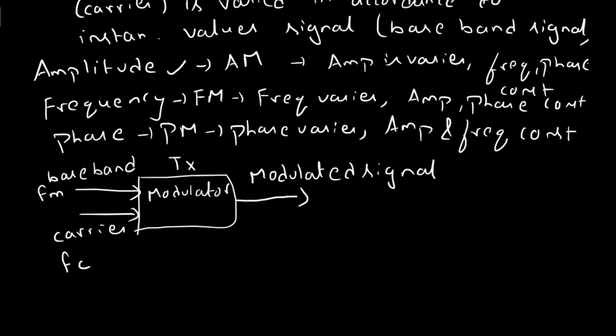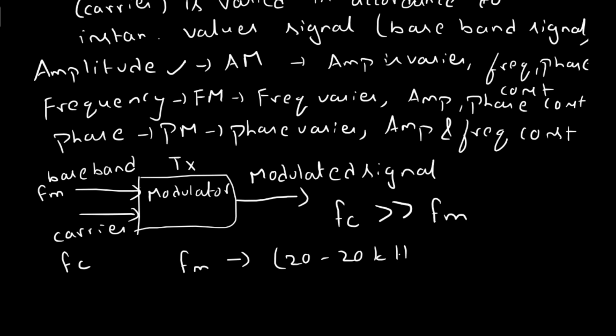Okay, modulated signal. Generally, FC is much greater than FM, where FM is around 20 Hz to 20 kilohertz. So FC varies depending upon the type of modulation.